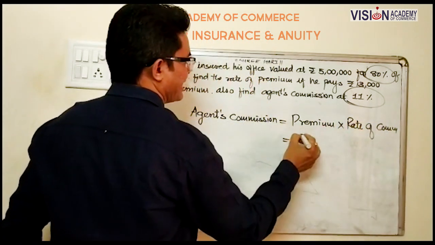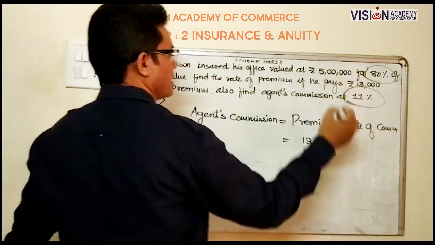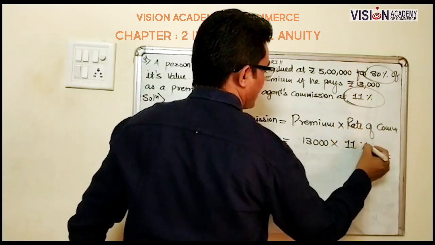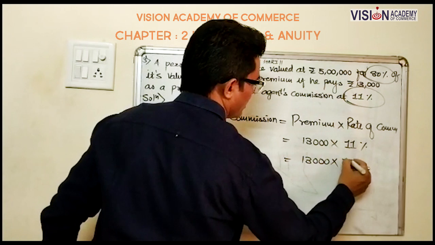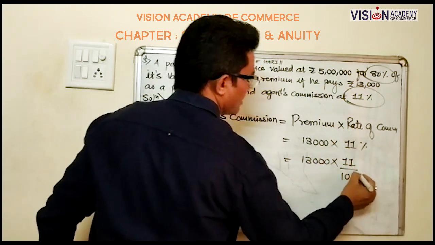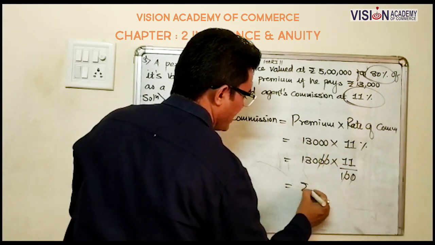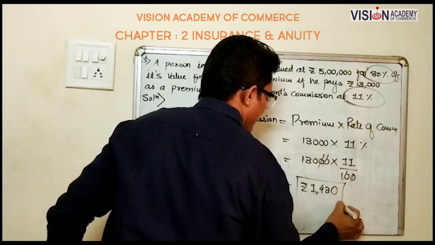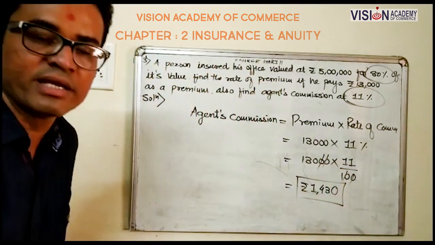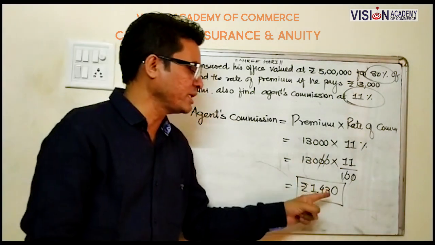So your already given premium amount is 13,000 into the rate of commission 11%. 13,000 into 11 upon 100 comes to rupees 1,430. So your agent's commission is rupees 1,430.